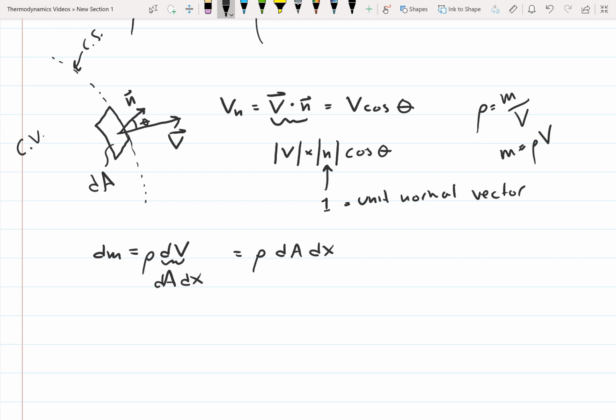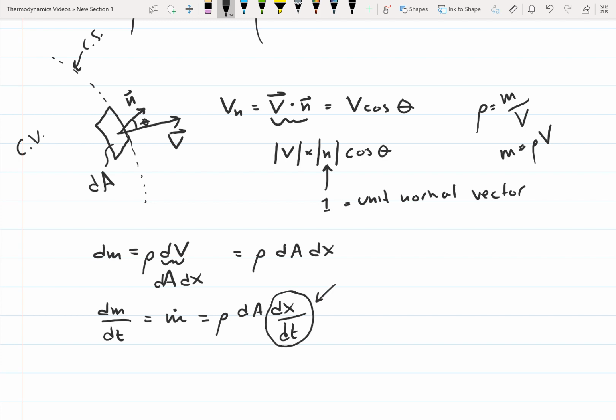Now what we can do is write this per unit time. So per unit time we have dm dt, which remember is just equal to m dot, is equal to rho dA, and I'm just going to leave that like that, dx dt. So this dx dt should look familiar.